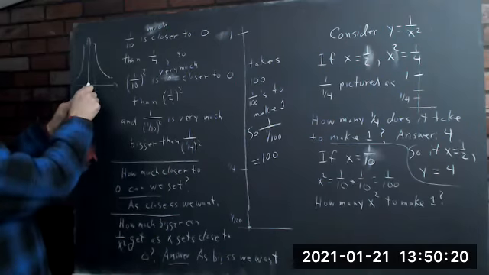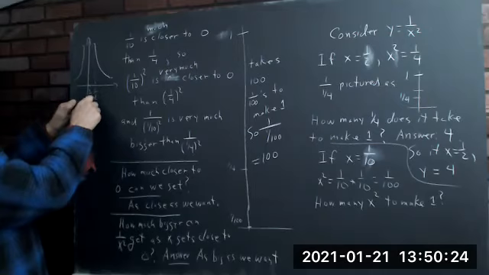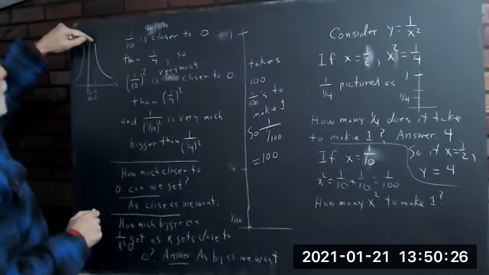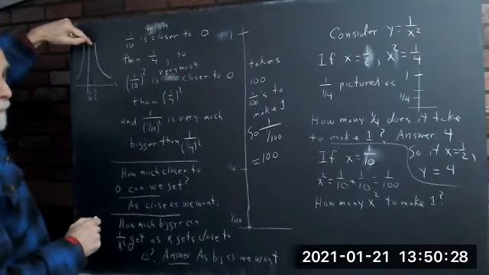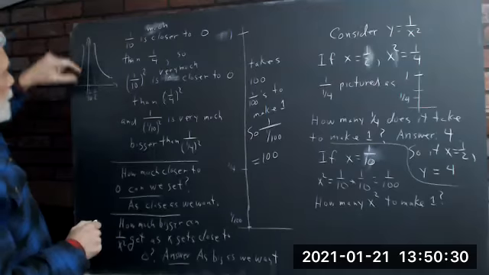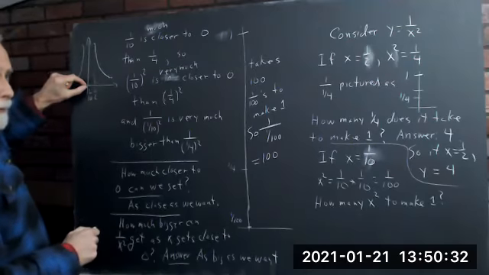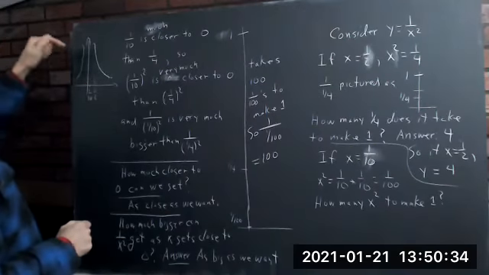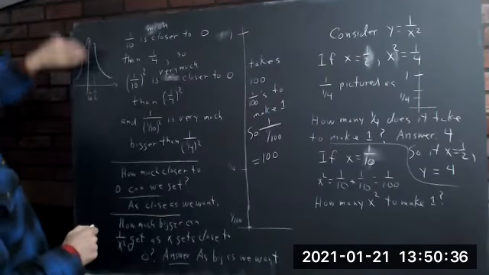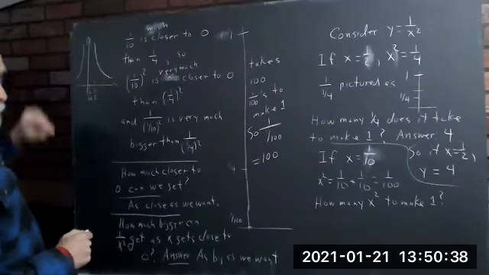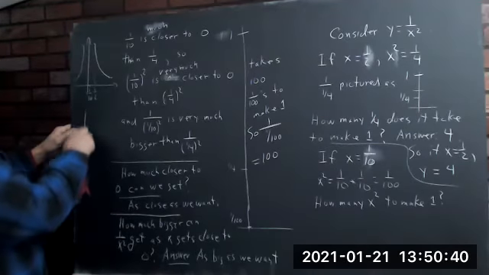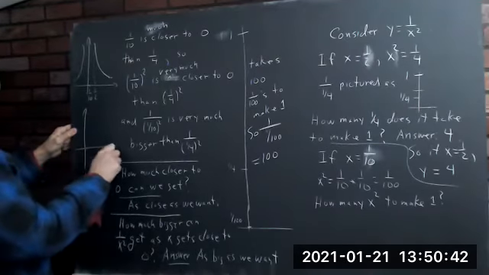If x is 1/10, which isn't all that much less than 1/2, then this graph is all the way up at 100 rather than just 4. And we can keep getting closer and closer, as close as we want. So our graph can get as big as we want as long as we get closer and closer to 0. And that gives rise to a vertical asymptote.